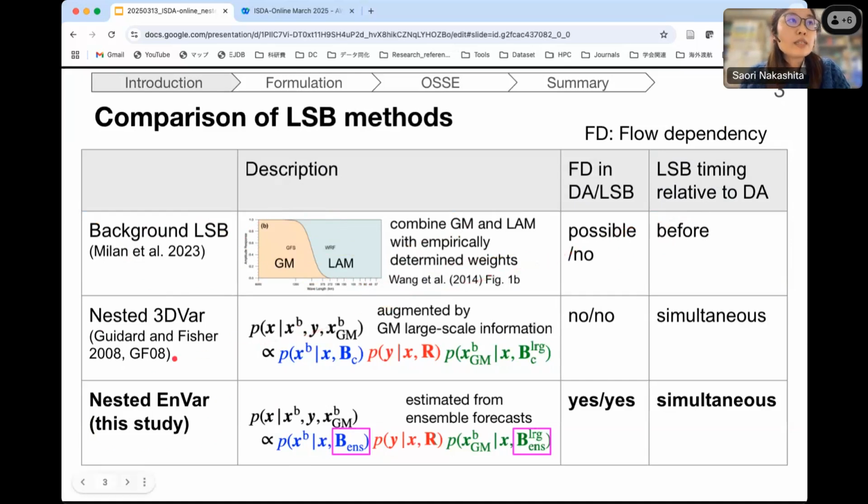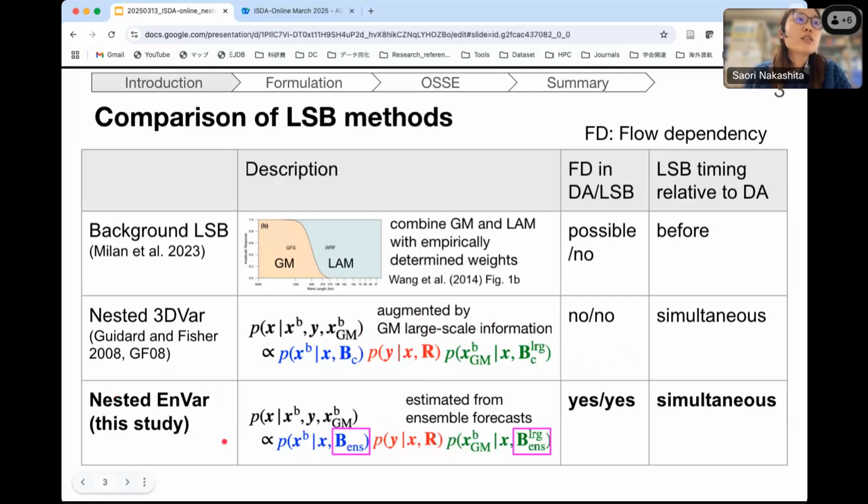Guidard and Fischer 2008, hereafter called GF8, proposed 3DVar augmented by GM large-scale information. The strength of this nested 3DVar is that the GM large-scale information can be introduced simultaneously with observational information at the analysis step. However, since the background error covariances are determined climatologically, there is no flow dependency in the DA or LSB steps.